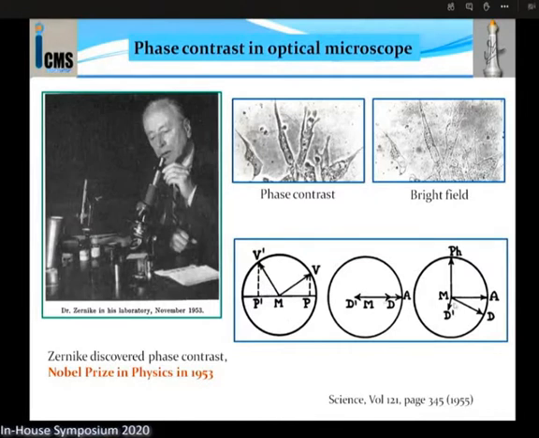But if you have a weakly scattering sample, without any chemical staining, then you don't change the amplitude, you only change the phase. So the amplitude changes from OA to OD, and the corresponding image is OD prime. To be able to see this effect, you need to rotate the phase of either OA or OD to get contrast, and that is performed by using a phase plate.